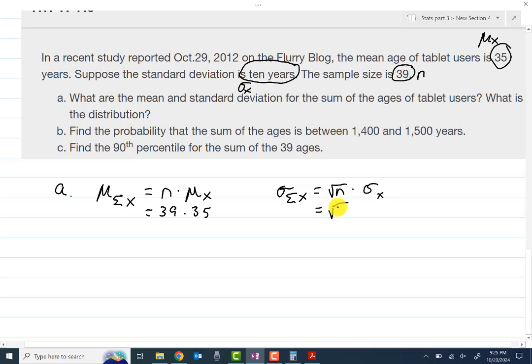That'll be the square root of 39 times 10. The type of distribution will be normal. As long as n is greater than or equal to 30, we can be pretty certain it's going to be normal, close enough anyways. Let me go ahead and get these calculations.